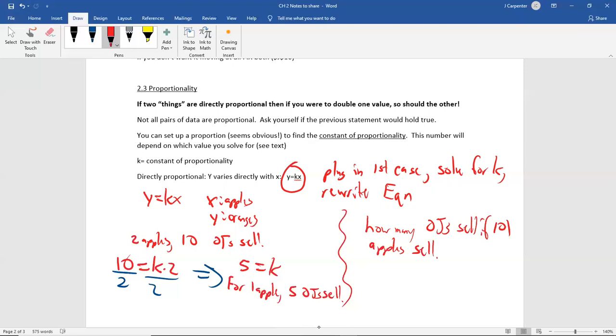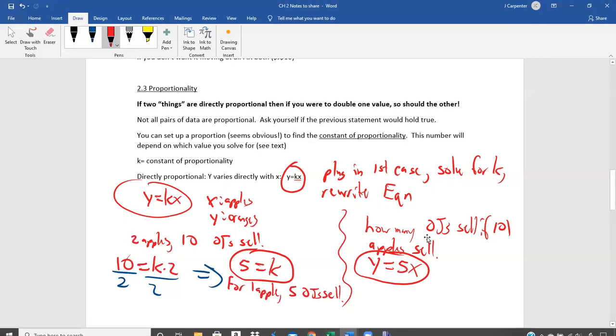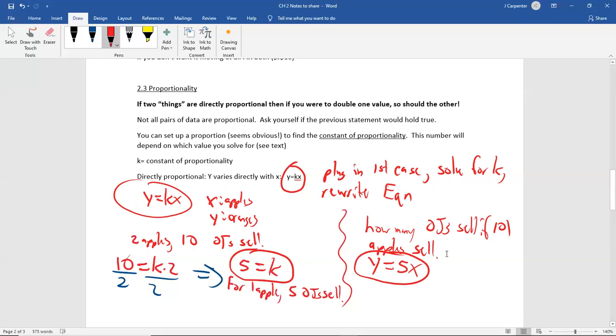So you take your equation, Y equals KX, but you plug the K in. So we go Y equals 5X. We took this, but plugged in this number to get this, because that K value, that 5, will hold true for every single scenario as long as these are proportional.